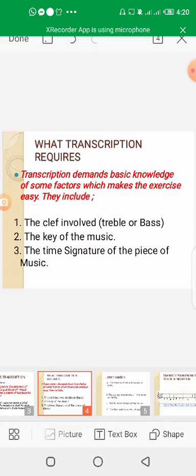If it's on 4/4, you should make sure that it's on 4/4 when transcribing. 4/4 simply means there should be 4 crochet beats in a bar. So you should make sure that it's still the 4 crochet beats in a bar. If you do anything less of this, you end up not transcribing it well. Let's continue.